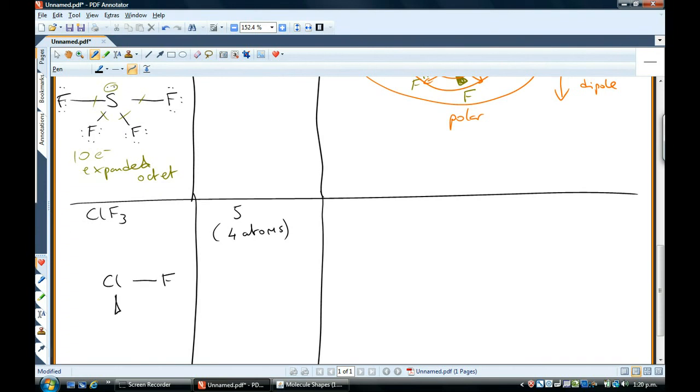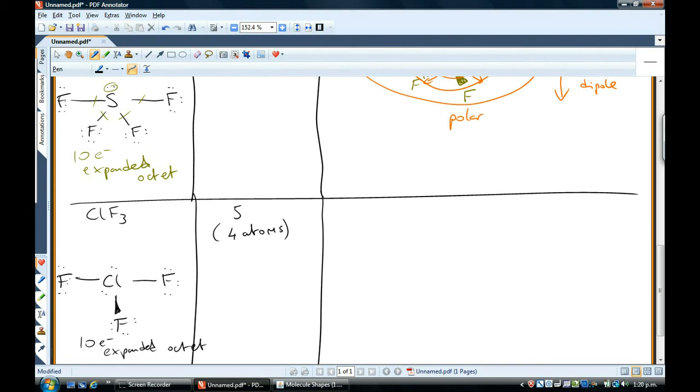There's 1 fluorine coming out at you, and then there's another fluorine here, and then you have a lone pair of electrons either side of the chlorine. So the chlorine has 2, 4, 6, 8, 10 again, so 10 electrons. It's an expanded octet. Don't forget to put in your lone pairs for your fluorine. So 2, 4, 6, 8, 2, 4, 6, 8, 2, 4, 6, 8.